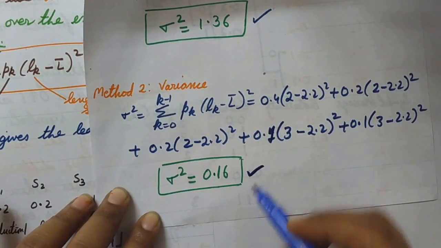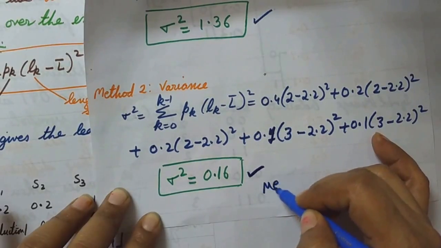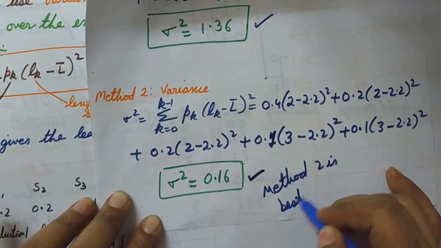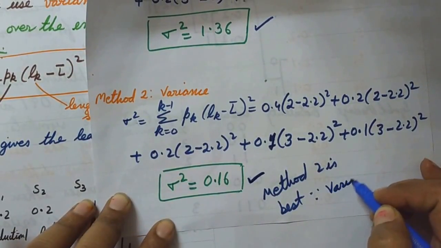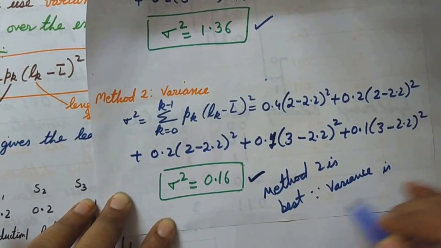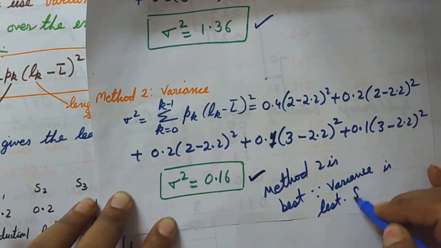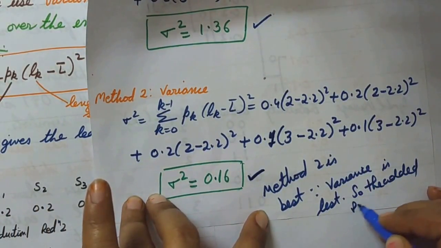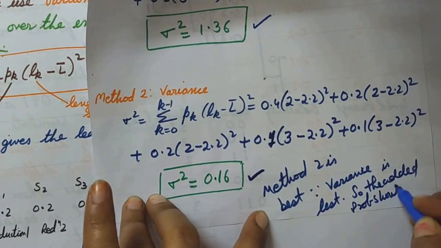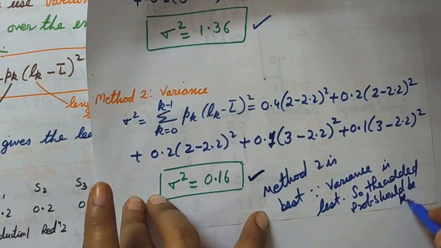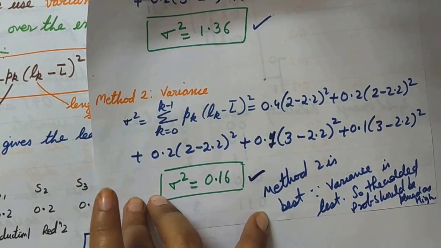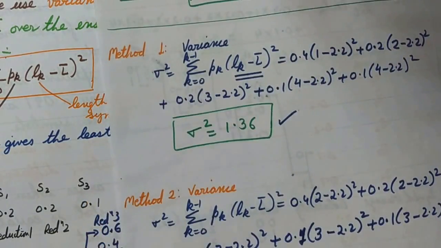So method 2 is best since the variance is least. The added probability should be placed as high as possible.